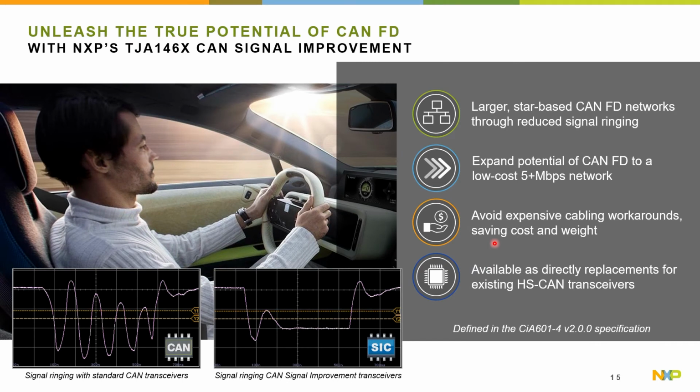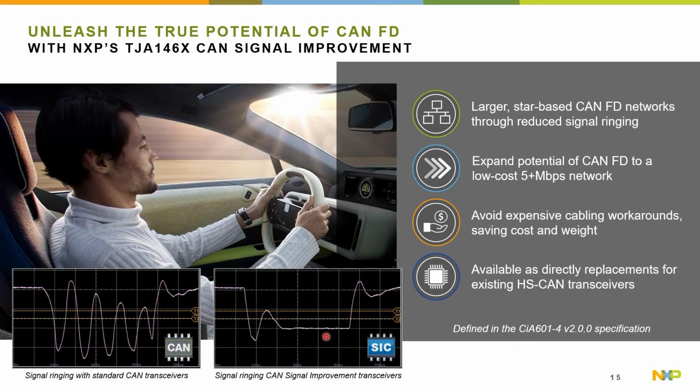So a little bit about the signal improvement CAN PHY that I mentioned. The main point of this is to facilitate larger and even star-based CAN FD networks where you may have signal ringing. And here's a bad case of signal ringing where you're really not settled when you're sampling the CAN state, right? You don't know whether there's a 1 or a 0 depending on what your sample point is.